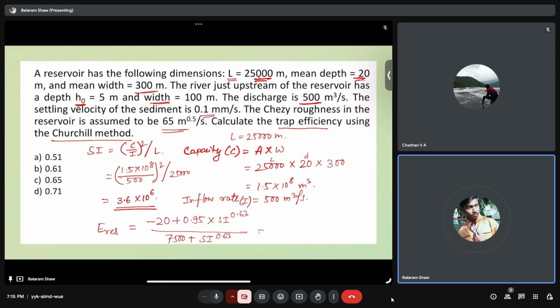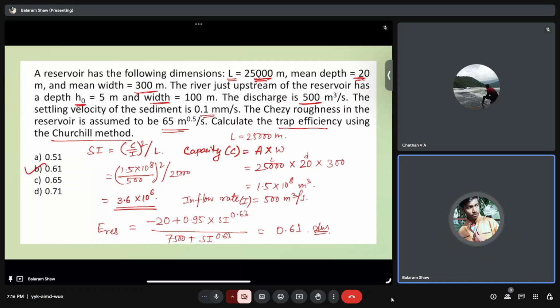So I'm getting somewhere near 0.61. So the correct answer is B, 0.61.